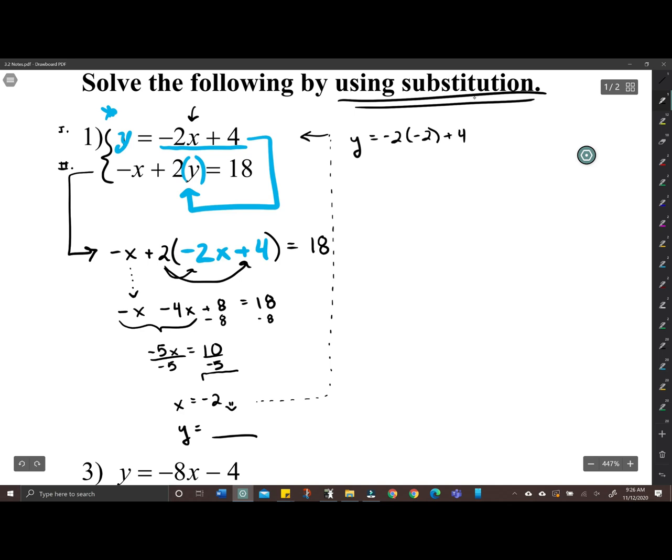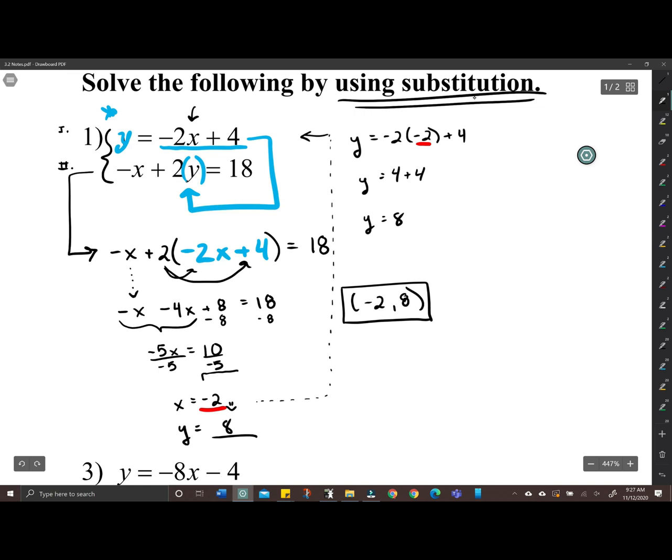So this negative 2 is the one I solved for. And we get positive 4 plus 4 equals y, or y equals 8. Hopefully you remember doing stuff like this before. The formal answer then is negative 2, comma 8. That is where, if you graph them, they would intersect one another.